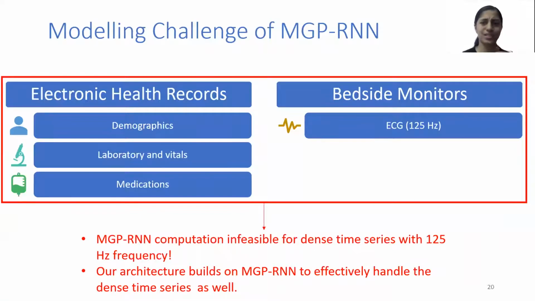However, if we extend the MGP-RNN to include this data source, that is the ECG, we observe that for MGP-RNN, it becomes computationally infeasible to model such a dense time series. So our architecture builds up on MGP-RNN and effectively tries to handle the dense time series of ECG, such as of a high frequency of 125 Hertz.